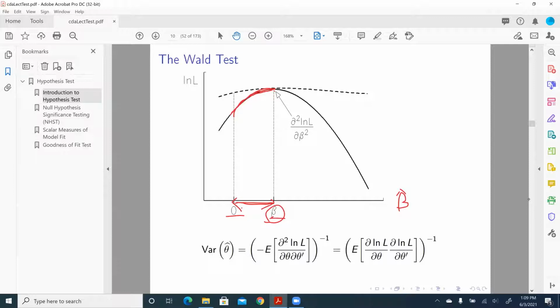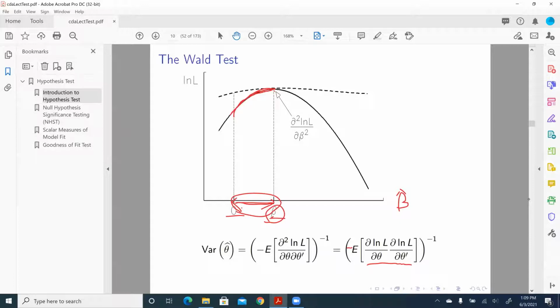The distance is normalized by some function of the second derivative. That is called the Hessian matrix, and there's a -1. So the variance of the ML estimator is the inverse of the negative of the expected Hessian matrix.